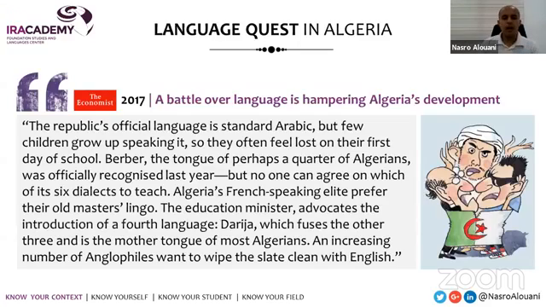While I was reading articles about the topic, this struck me, an article in The Economist called "A Battle Over Language is Hampering Algeria's Development." Look, the flag here is getting ripped off because of the fight between the Algerian diverse communities.